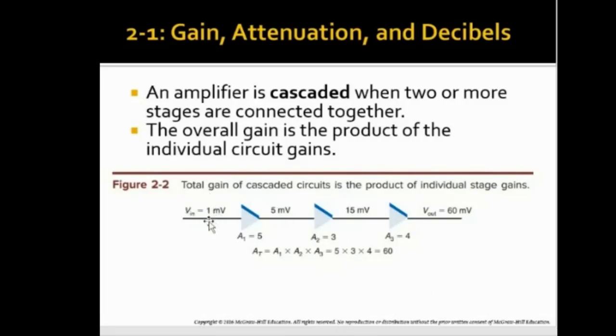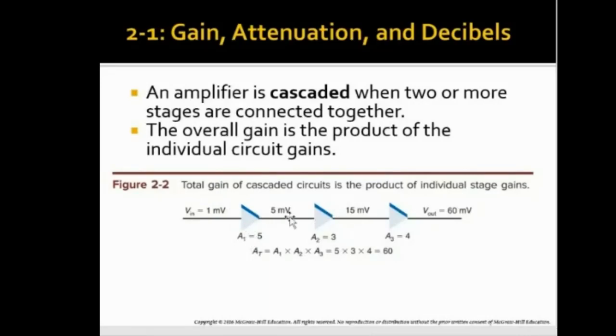Our input is 1 millivolt. The gains of the first, second, and third amplifiers are 5, 3, and 4. When the signal comes in, 1 millivolt is multiplied by 5 as a gain, so the output is 5 millivolts. The unit follows the unit of your input voltage, because gain is unitless.